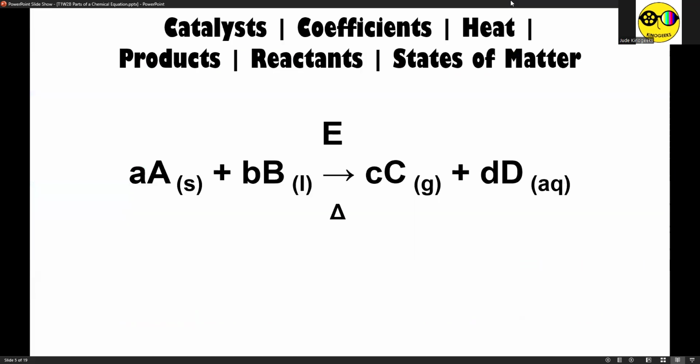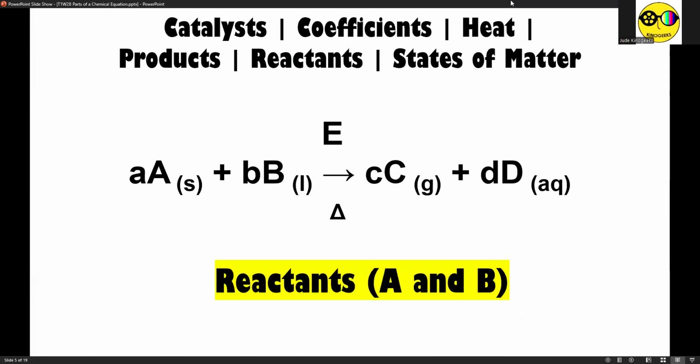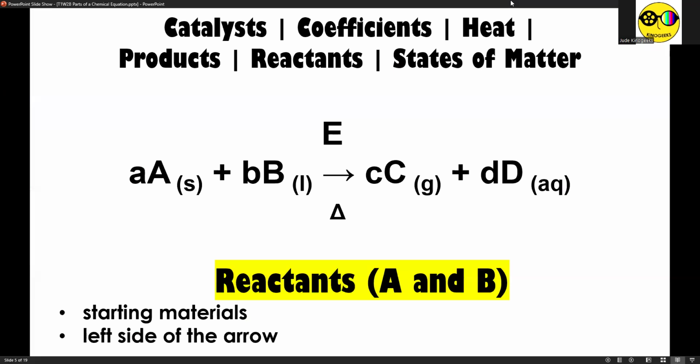Okay? Next part has something to do with our starting materials. All chemical equations begin with the starting materials, which are represented by capital A and B, and we will call them reactants. As mentioned, without reactants, there will be no chemical reaction because they are the starting materials. And with respect to the arrow, they are found at the left side.